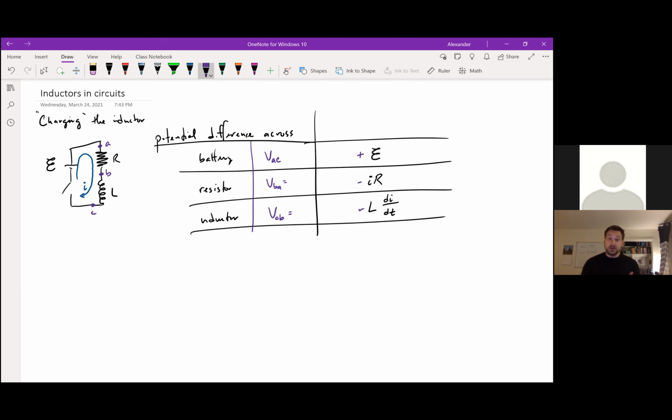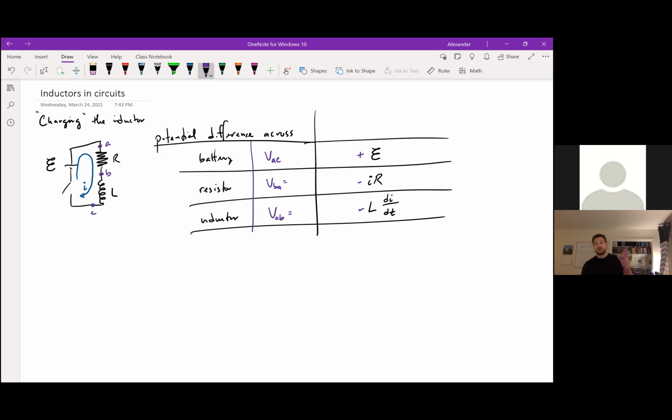Consider a series circuit with a traditional EMF, a battery, a resistor, and an inductor, and a switch. At time t equals 0, we close the switch, and the question is, what happens?